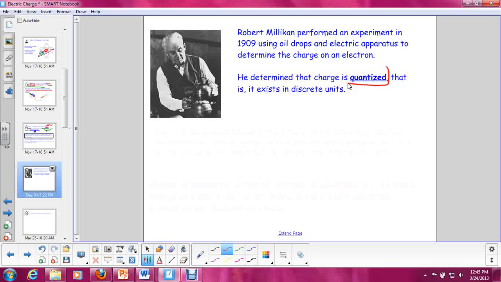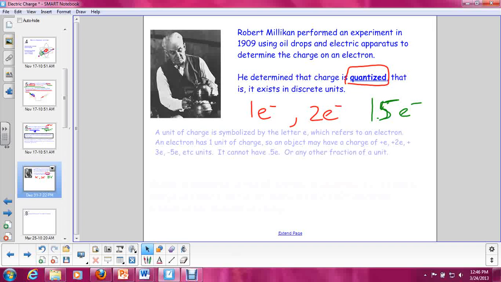Quantized is a fancy word meaning it exists in exact units. So we can have 1 electron, and we can have 2 electrons, but we can never ever have 1.5 electrons. We can only have whole numbers of electrons, which means we can only have whole number multiples of its charge.